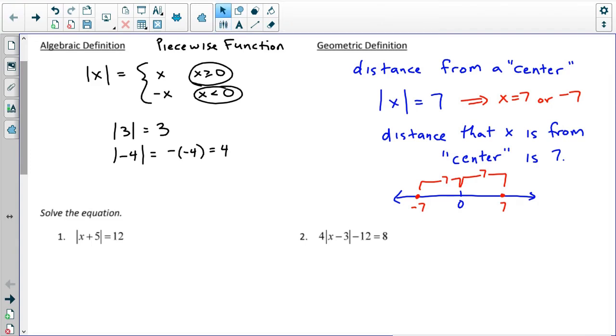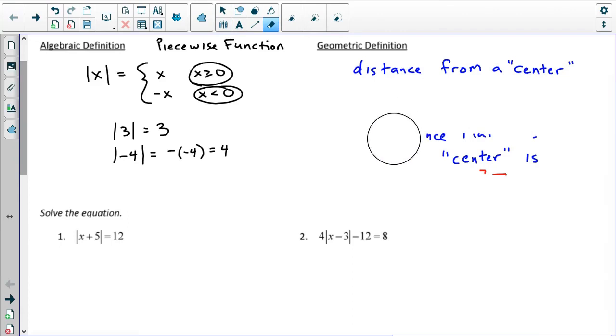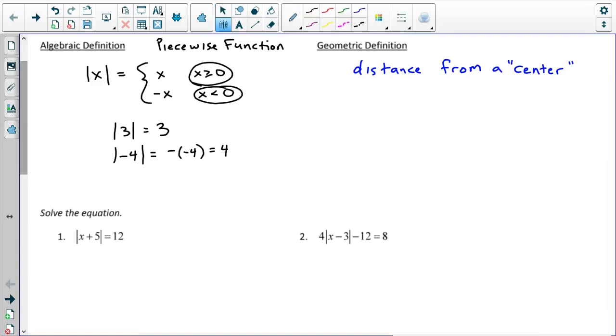Now, if I take a look at a little bit more complicated problems, I have a situation where, for example, I have the absolute value of x minus 5 equals 8.